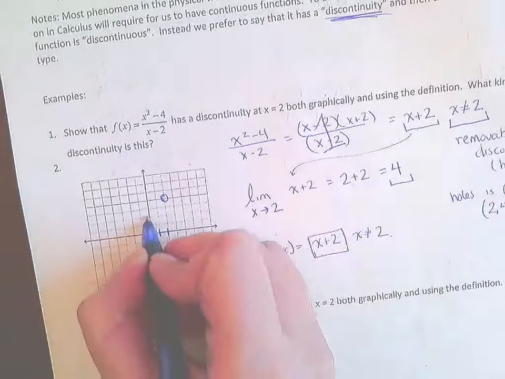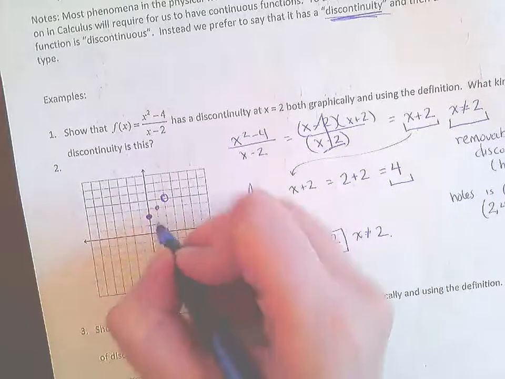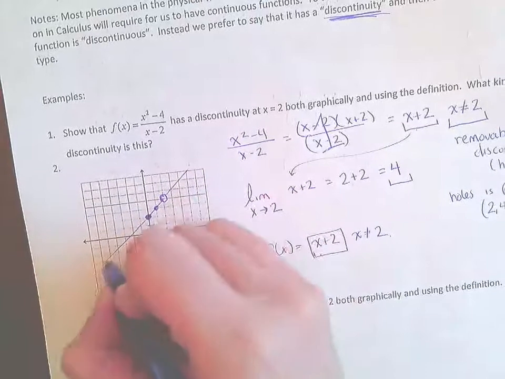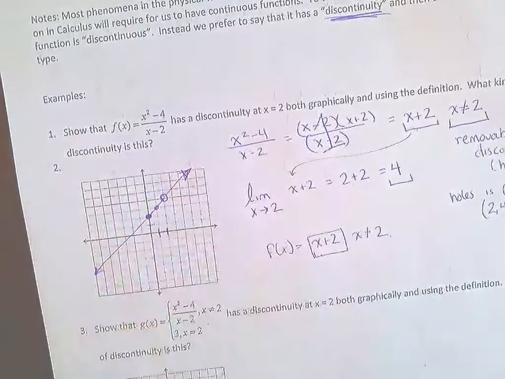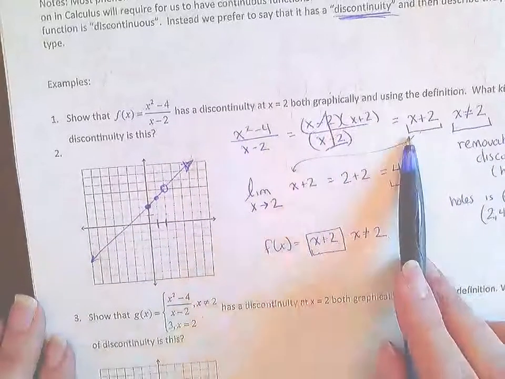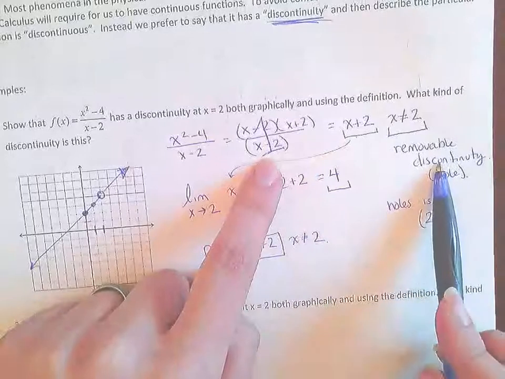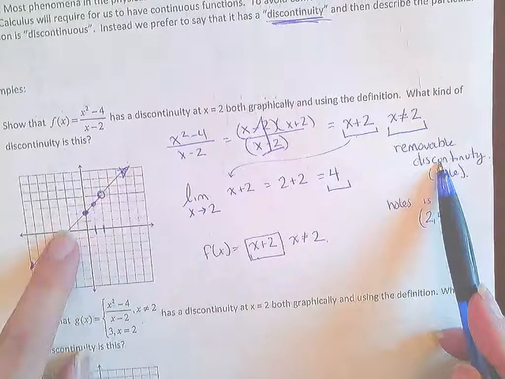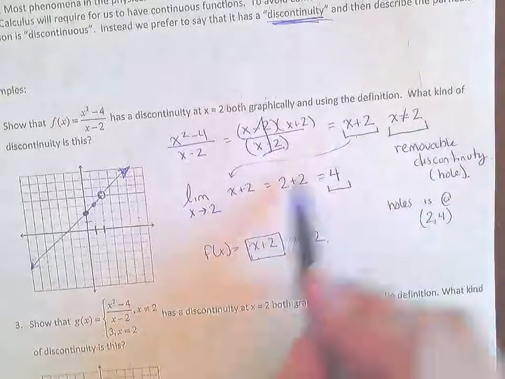So we start at 2, then we go up 1, right 1, and here we go. That's all I need to be able to graph this. Done. So I've shown how I got the discontinuity. I've identified what kind of discontinuity it is. I've shown graphically the discontinuity and using the definition.